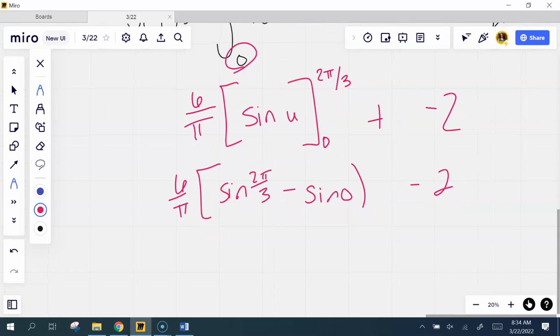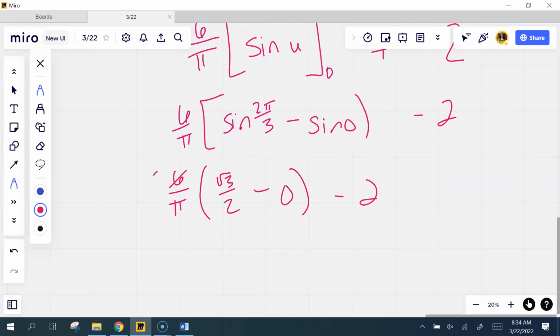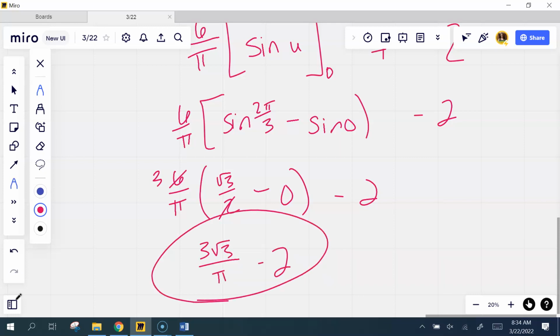The sine of 2 pi over 3 is square root of 3 over 2. That gives 3 root 3 over pi minus 2. That's what I got.